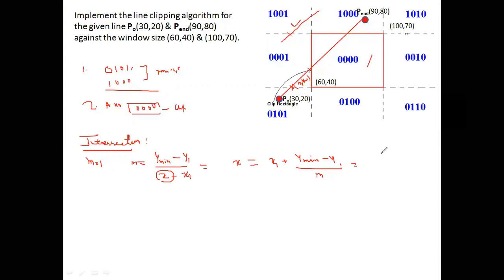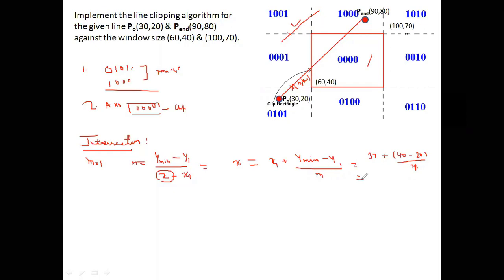Now putting in the values: x1 is 30, plus y min is 40, minus y1 which is 20, divided by m, which is 1.